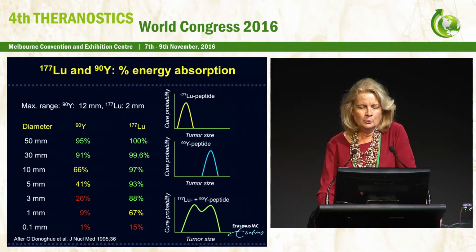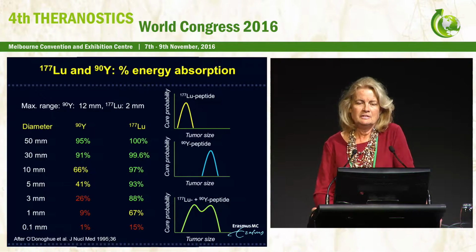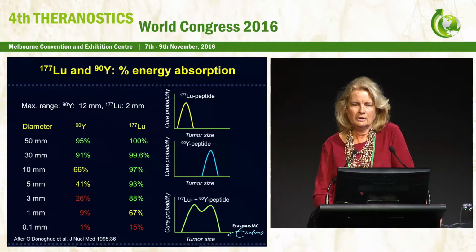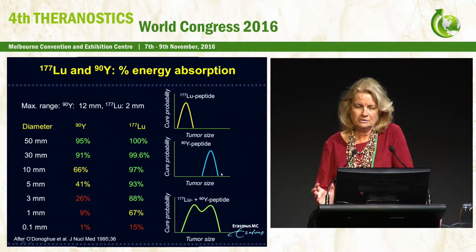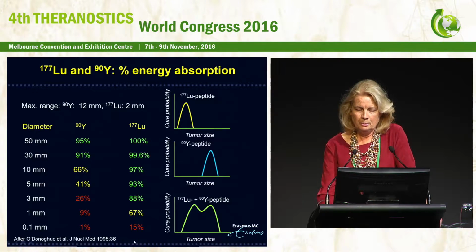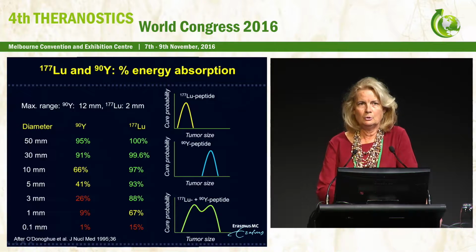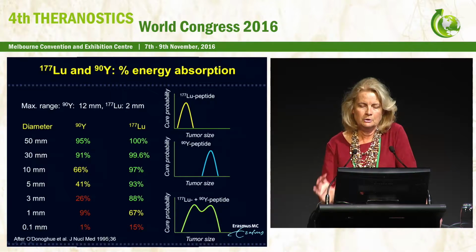And this is in line with the paper of O'Donoghue of 1995, where he stated that using lutetium-labeled peptides, there will be a high cure probability in the small tumors, whereas for yttrium-90, there will be a high cure probability in the bigger sized lesions, and that probably the combination would lead to a good tumor response, a high cure probability in a wider range of tumor sizes.